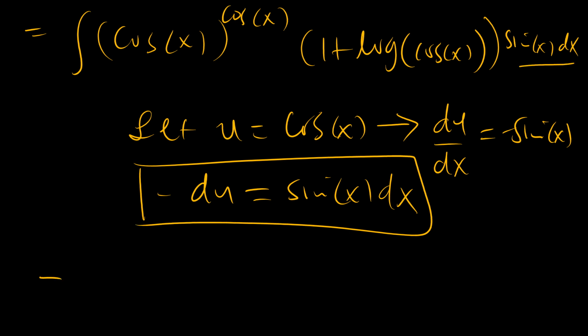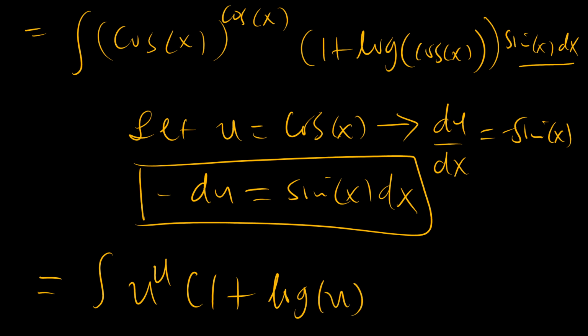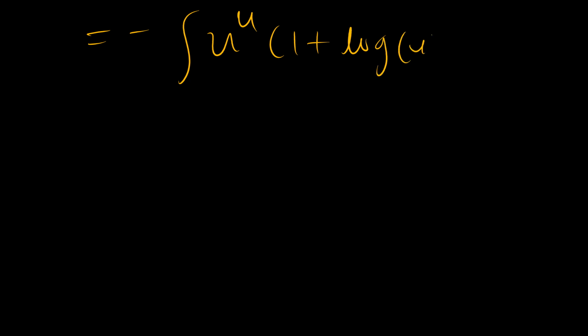So our problem becomes u to the power u times 1 plus the natural logarithm of u, negative. So this becomes negative. So we've come with negative of u to the power u times 1 plus natural logarithm of u.